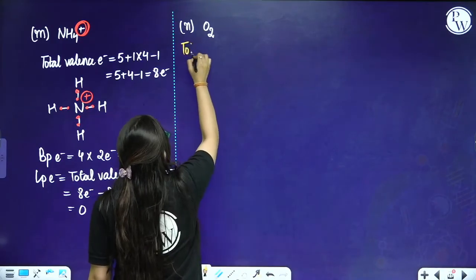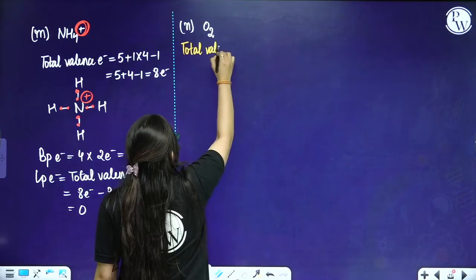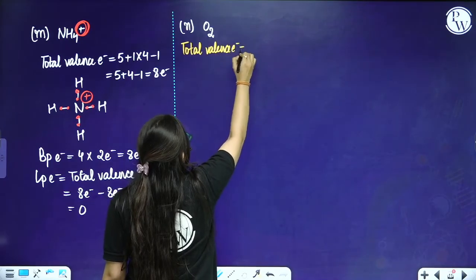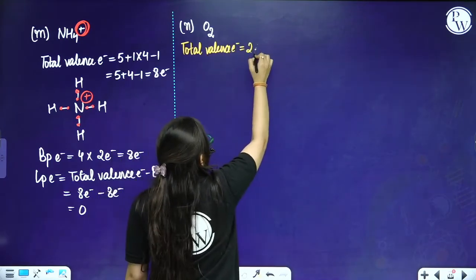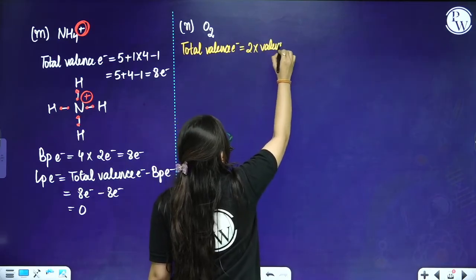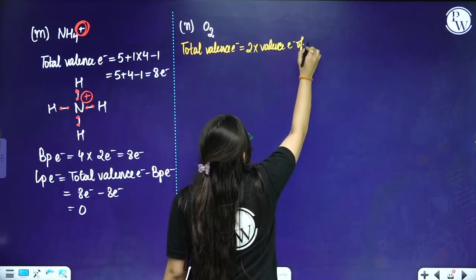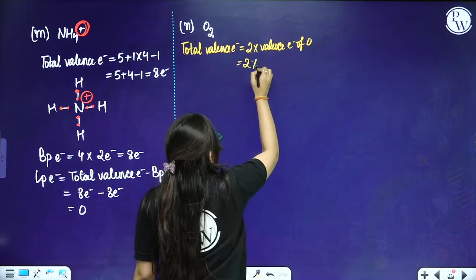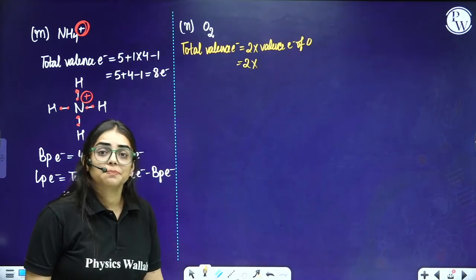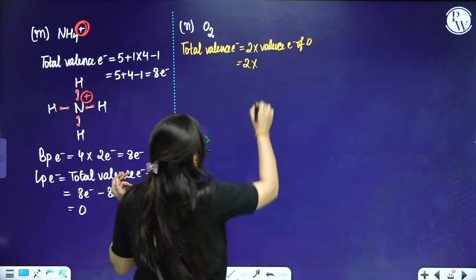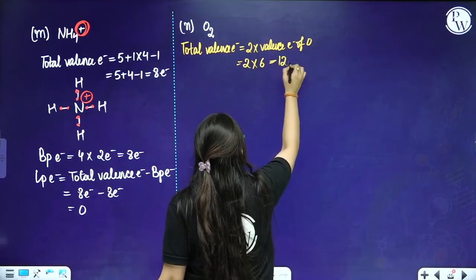Total valence electrons: 2 into the valence electrons of 1 oxygen atom. How many valence electrons does oxygen have? 6. So the total comes out to be 12 electrons.